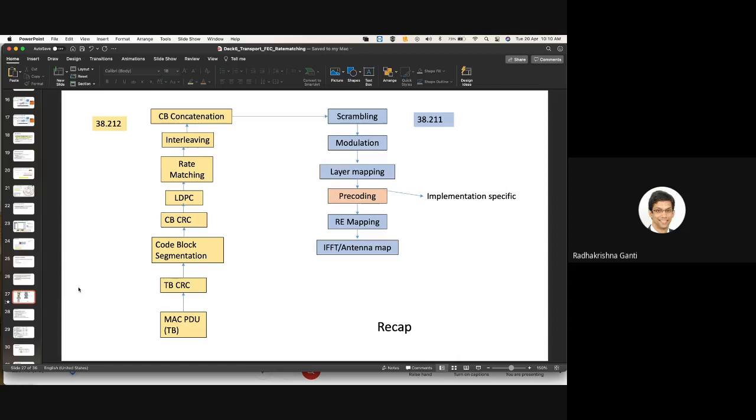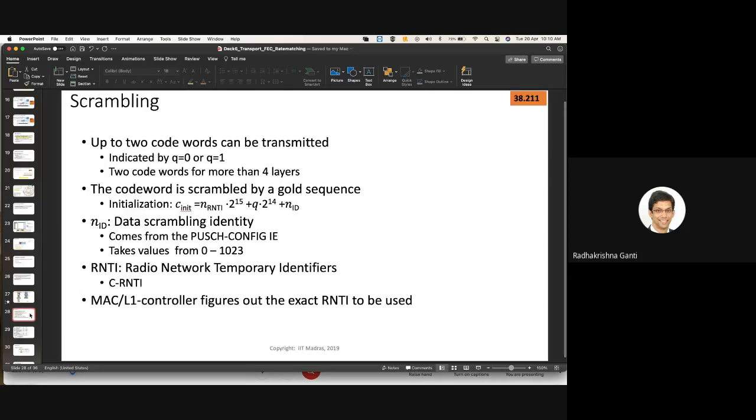So now let's do scrambling, modulation, and layer mapping, and then that will give us a nice way to go into MIMO. The next thing that is done by the physical layer is scrambling. Scramblers are there in every communication system.